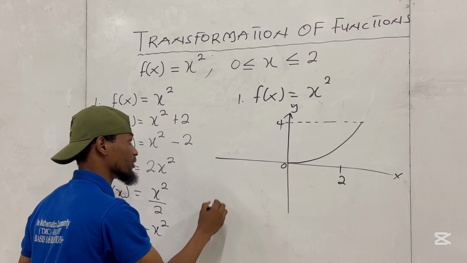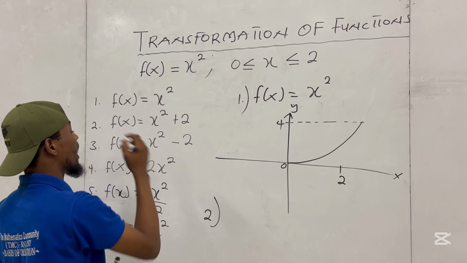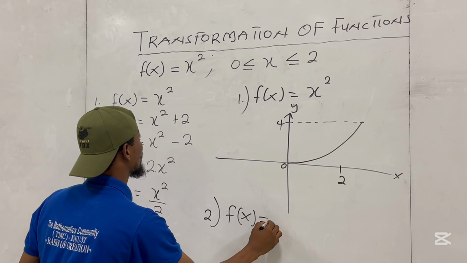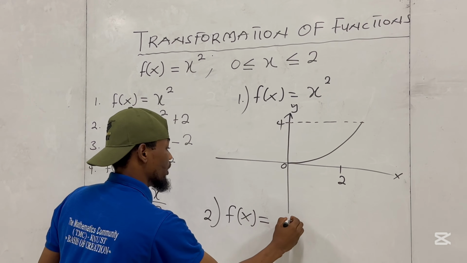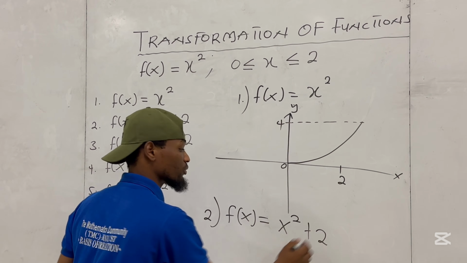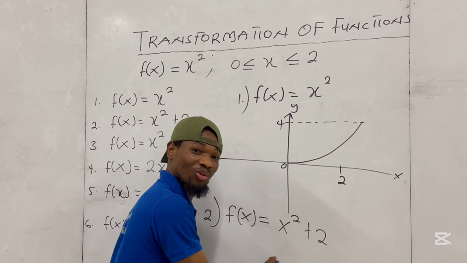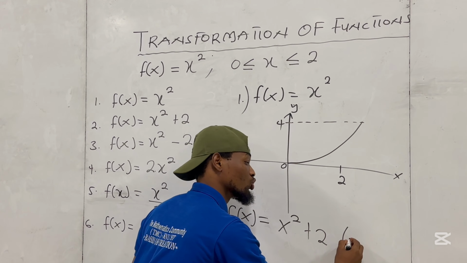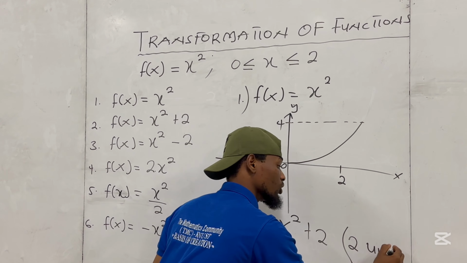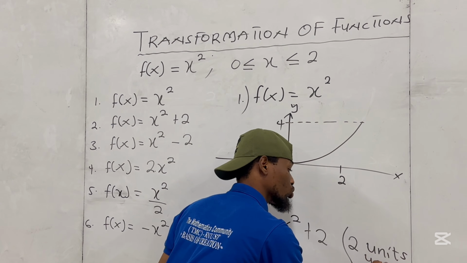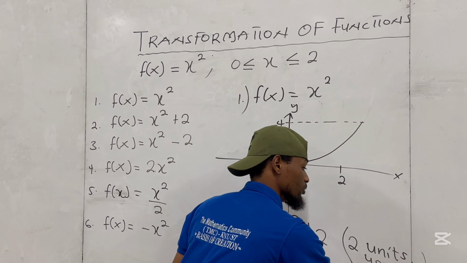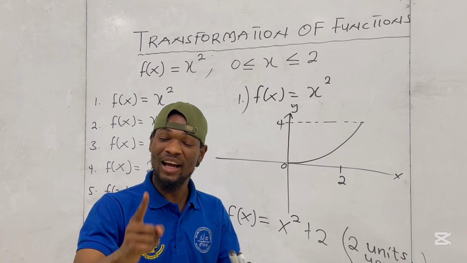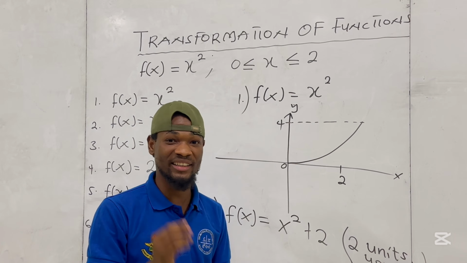The second one, we have f of x is equal to x squared plus 2. Again, this calls for 2 units upwards. Again, if this is your first time, kindly visit my previous lectures.